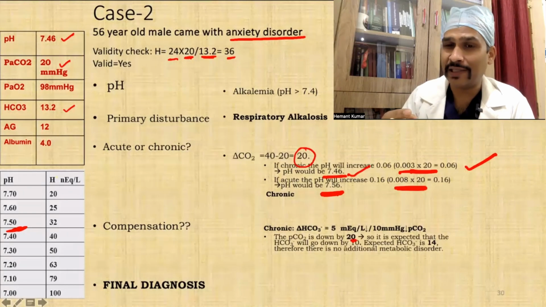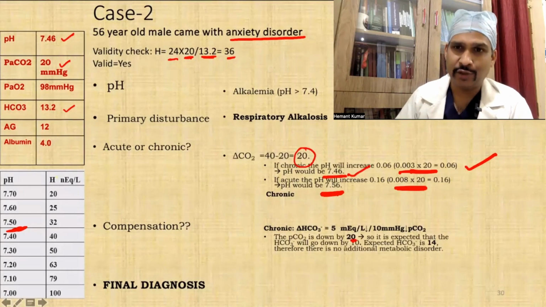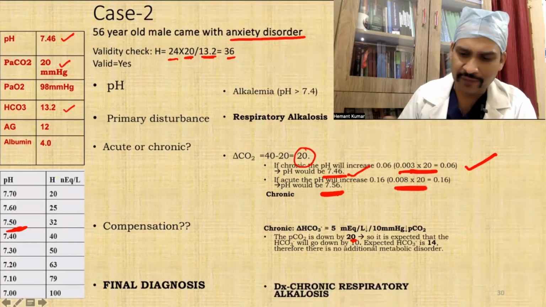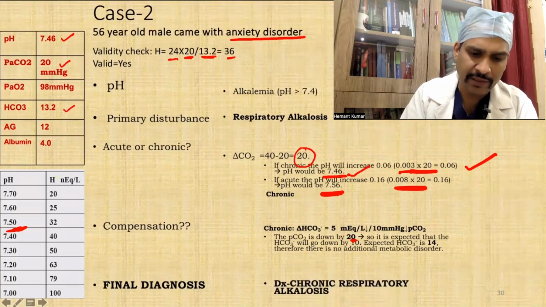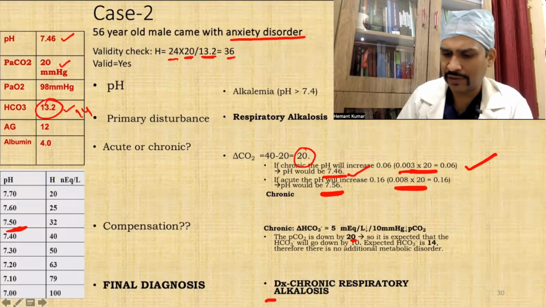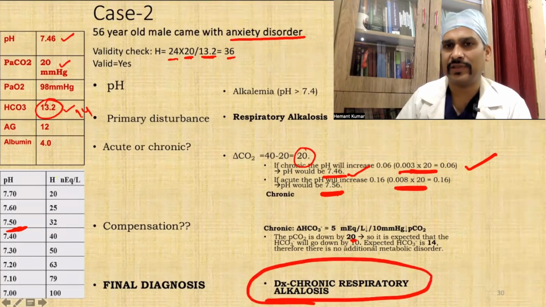So bicarb should be less by 10. So 24 minus 10, how much? 14. In our ABG, the bicarb is 13.2. It should be 14, so nearly equal. So there is no additional problem. So the diagnosis is chronic respiratory alkalosis.